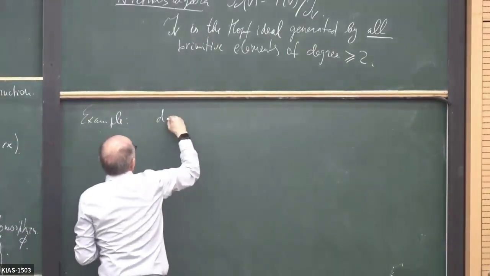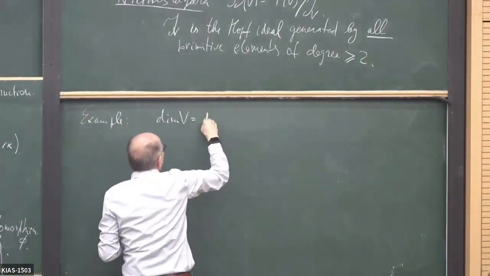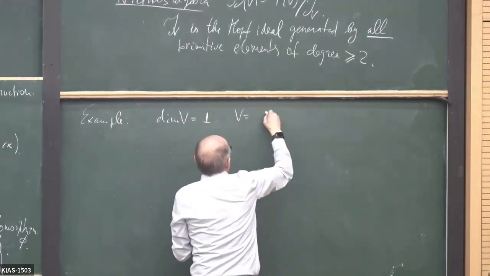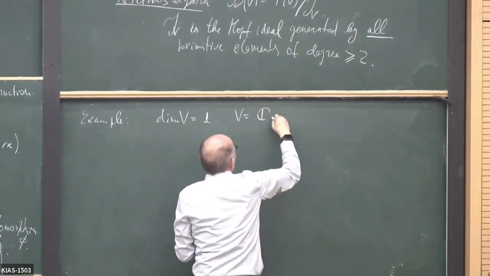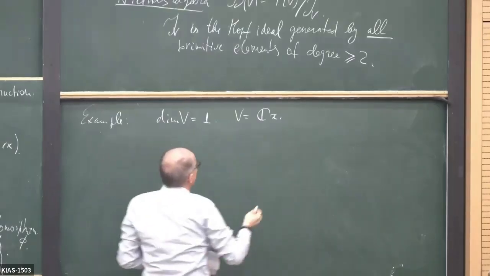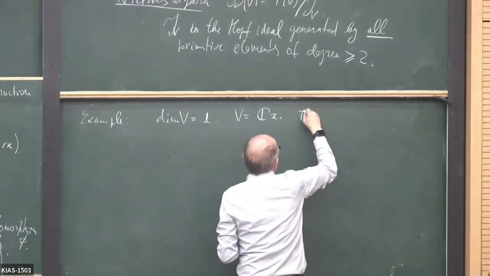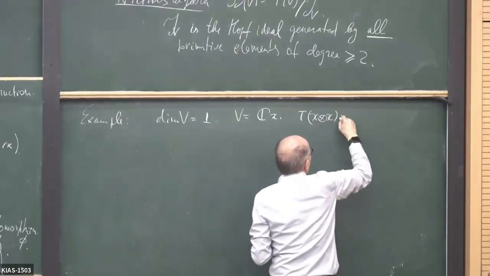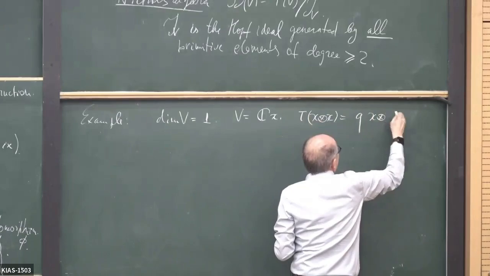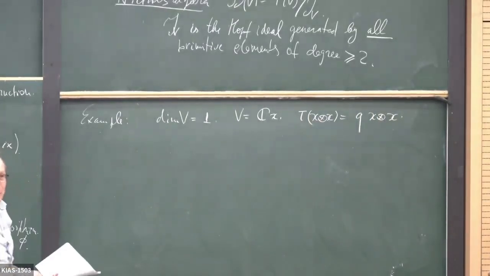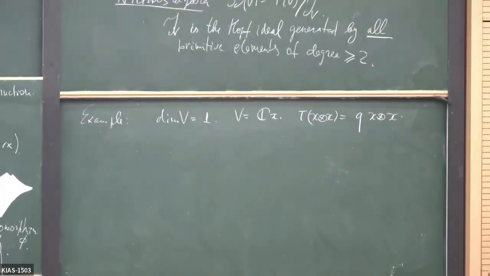Example. So the dimension of V is 1. So V we can think of as C times x, one single basis element. And then we have to say what the braiding is, just for the basis element. And we say that it is q times x tensor x. This is the braiding. So you see that the braiding I choose is practically trivial, right?